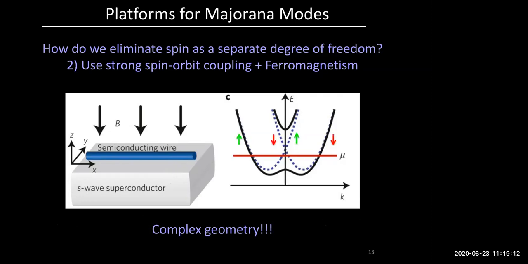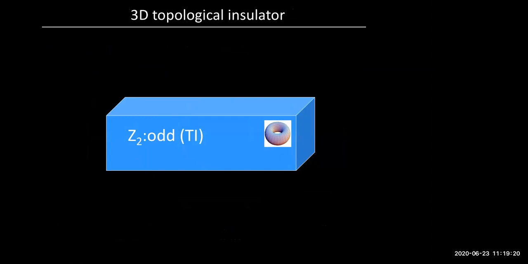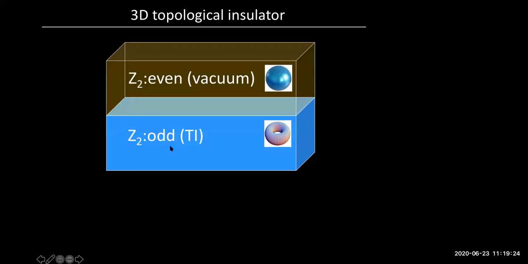Now this has a very complex geometry. And so another way to get Majorana modes is to use topological insulators. Just a quick refresher, a topological insulator has an odd Z2 invariant in its bulk. Because of the odd topological number Z2, you must have surface states on the boundaries of the system.